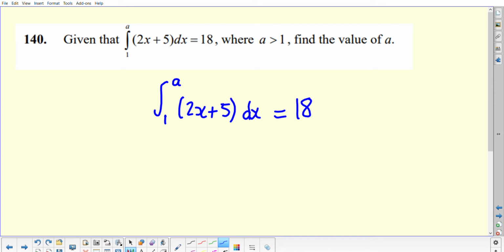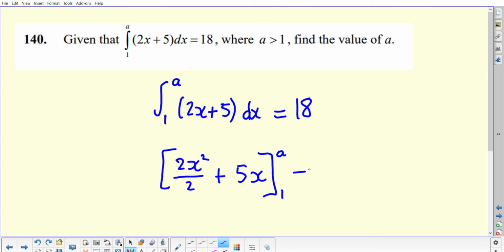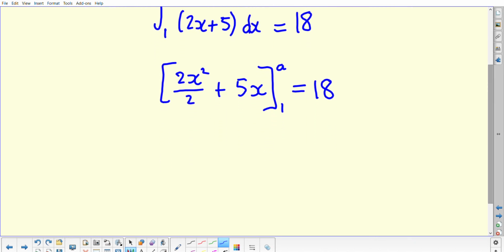So normal procedure would be to integrate that expression, so increase the power, divide by the new power. If there's just a number there, remember that's just about bringing back the x. Put our limits on the square brackets, we'll have that equals 18 on the other side.